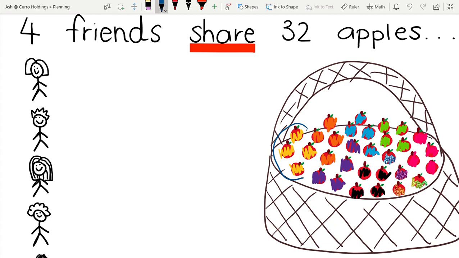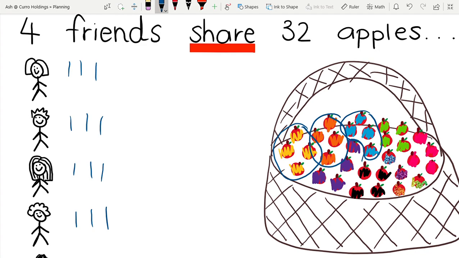So we have 1 over here of the yellow. So that means we can give each friend 1 from that group. Then the orange group, 1 from the orange group. The blue group, 1 from the blue group.